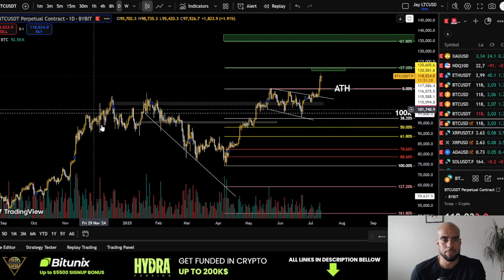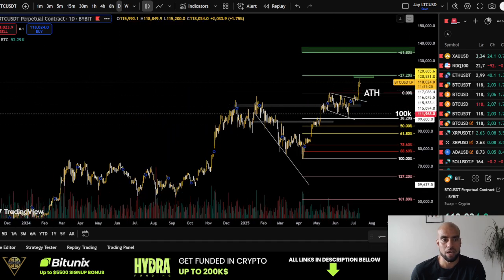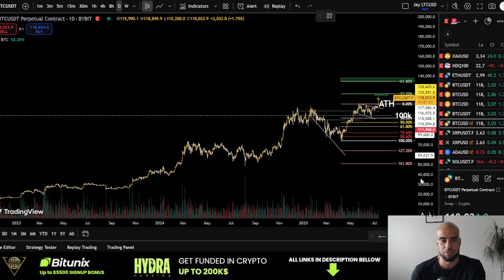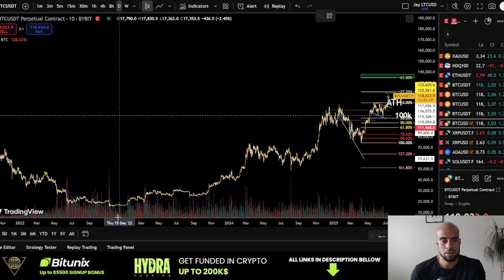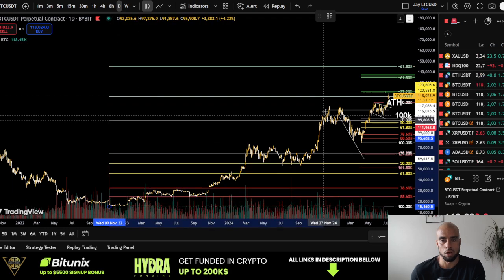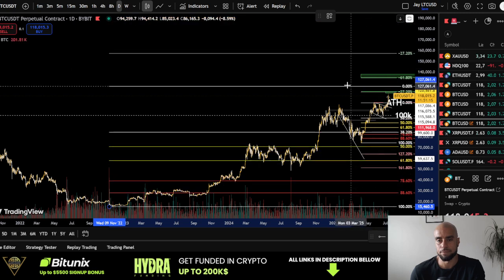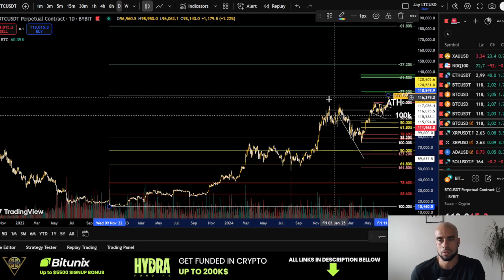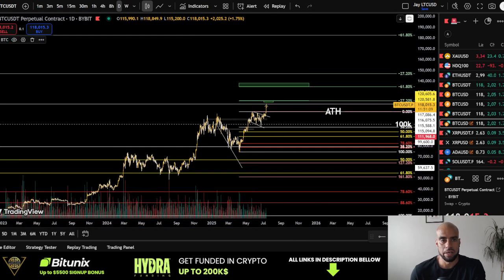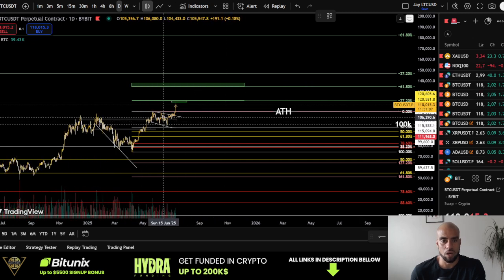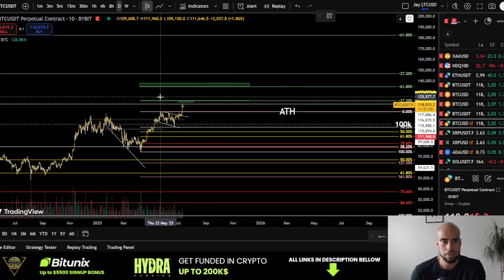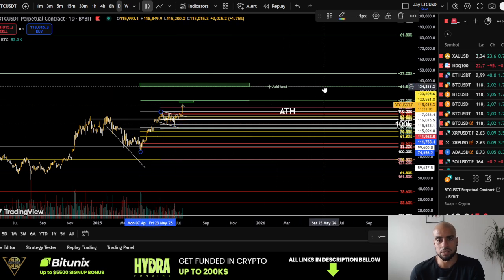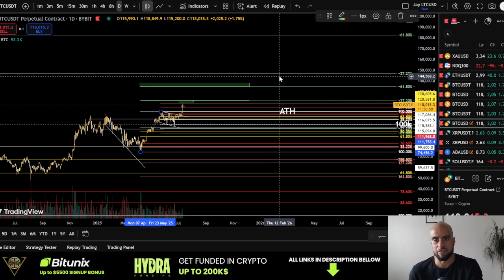It's pulling fib from the start of the bull market, and that is the low that we had at about 15K at the end of 2022. And then also pulling a reverse fib on this last dip that we had. What all this does is it gives us these boxes that I've marked out here.